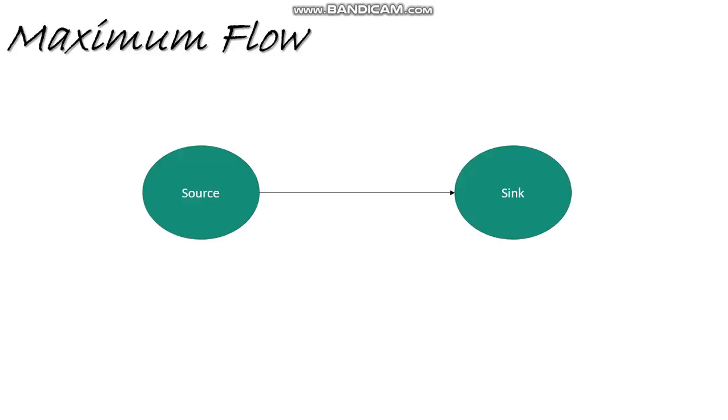Maximum flow is simply the maximum amount of something, anything really, that you can move from the starting node to an ending node. Here, we're trying to find the maximum flow from a source node to a sink node. We do this by finding augmenting paths from the source to the sink.